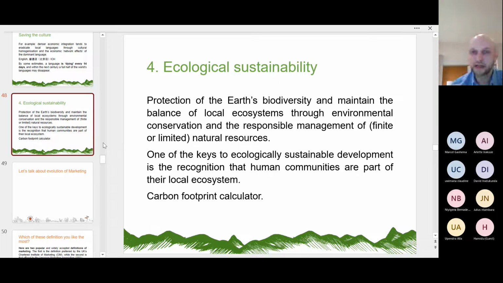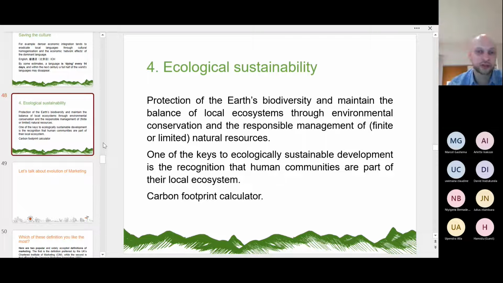Okay, and the last one is ecological sustainability. Ecological sustainability is about protecting the biodiversity and maintaining the balance of local ecosystems through environmental conservation and responsible management of natural resources.